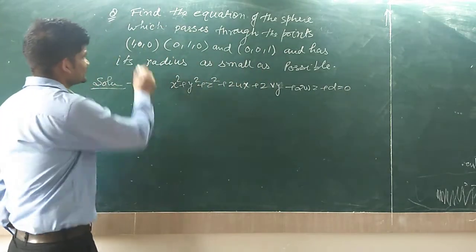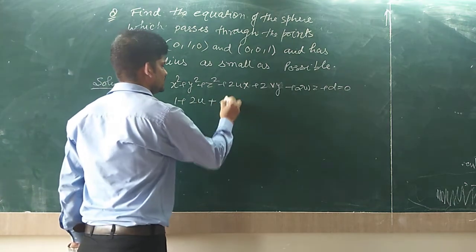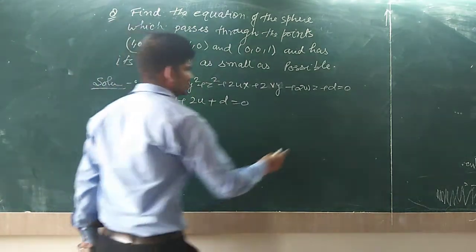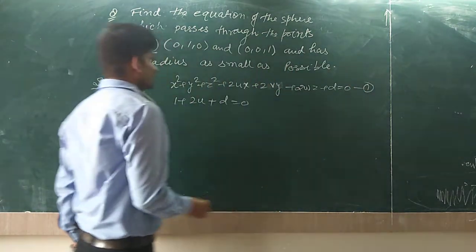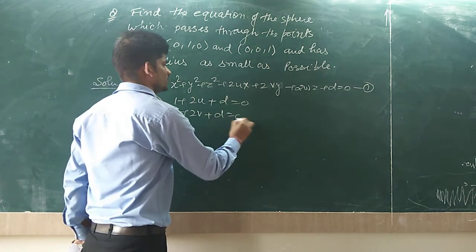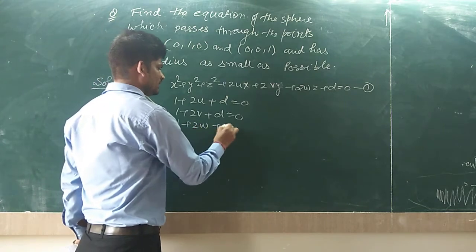Putting the first point, we get 1 plus 2u plus d equal to 0. Putting the second point in equation number 1, we get 1 plus 2v plus d equal to 0. And for the last point, 1 plus 2w plus d equal to 0.